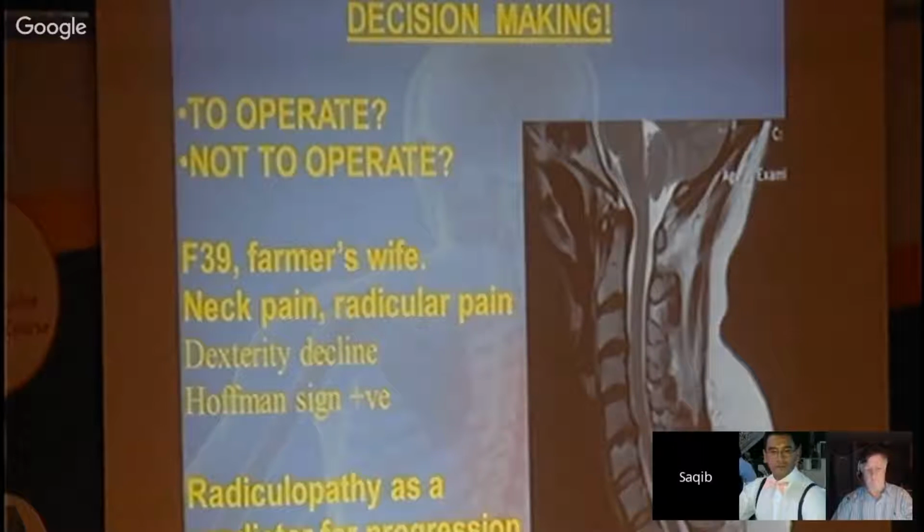So it is advisable to operate at early stages. You will prevent the patient from becoming handicapped in the long term, and you will preserve the functioning of the patient. It's a young patient, and usually I'm very active in that case.